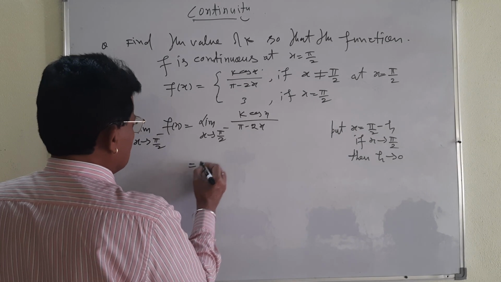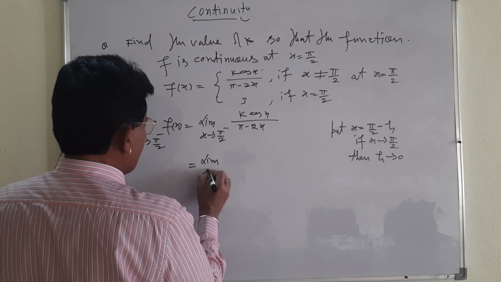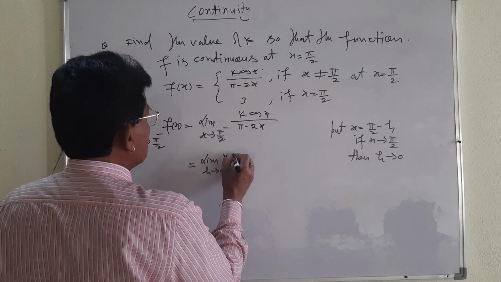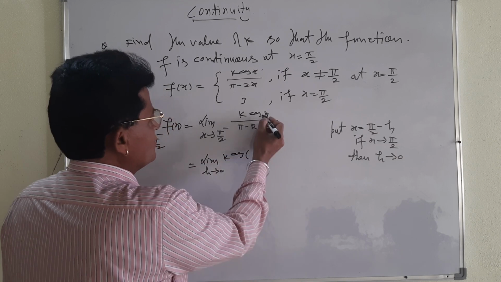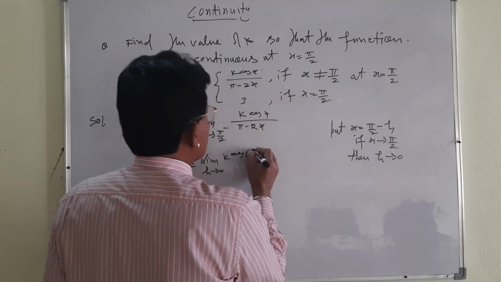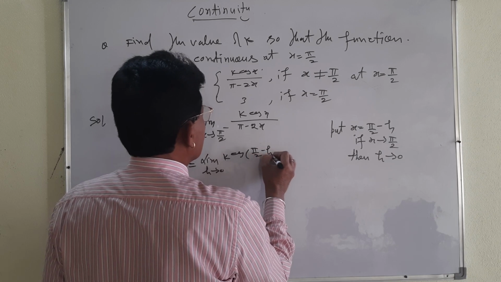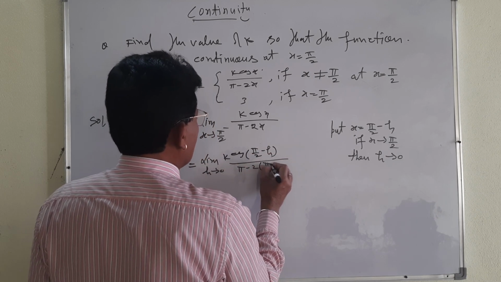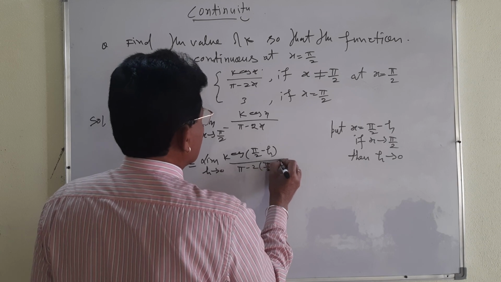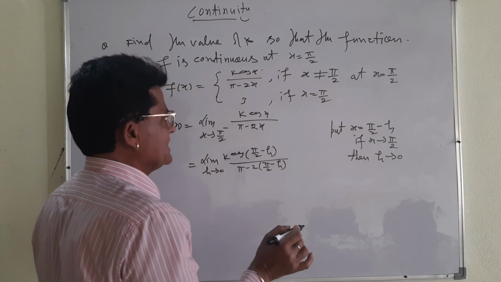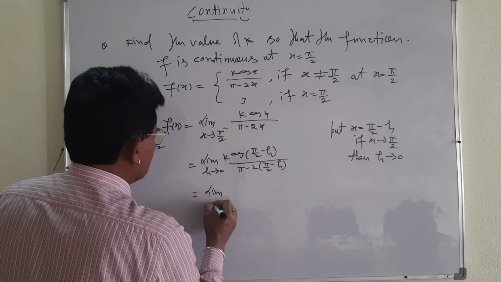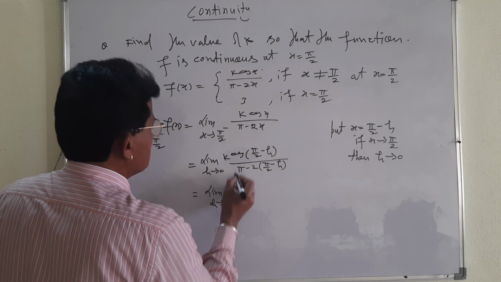Then let me write limit h tends to 0, k cos of pi by 2 minus h, in place of x, divided by pi minus 2x, which becomes pi minus 2 times pi by 2 minus h. Very simple method: wherever it is x, you write this. Okay, dear student, h tends to 0.